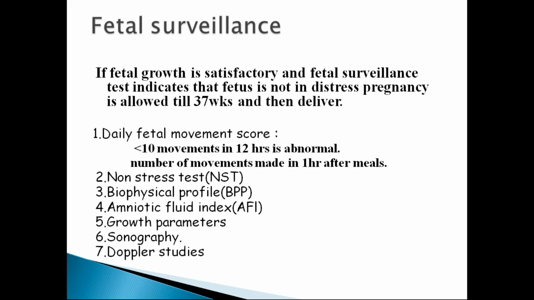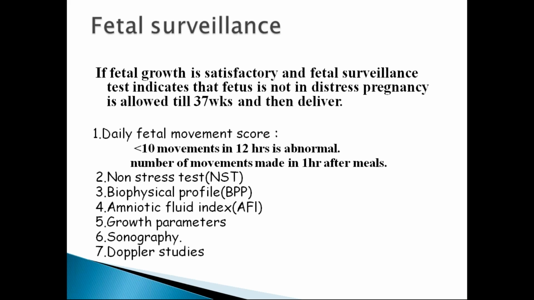If fetal growth is not satisfactory, we have to monitor properly that the fetus is not distressed. If no abnormality is detected in an IUGR baby, we can continue the pregnancy, but you have to monitor.